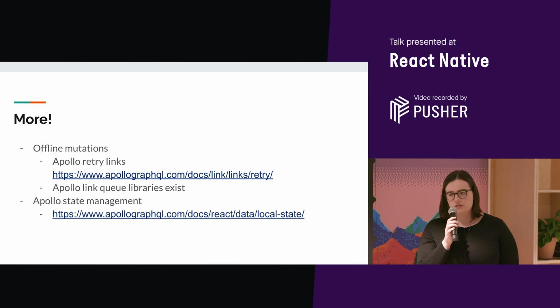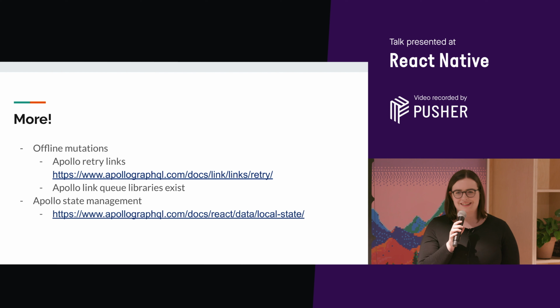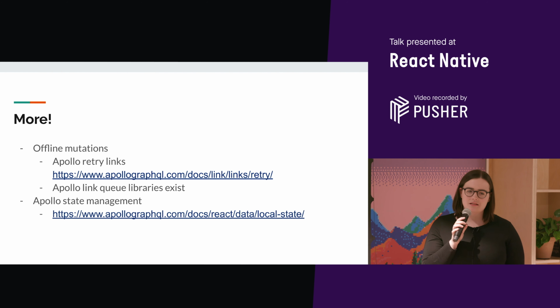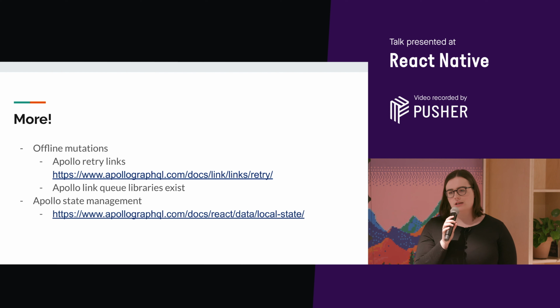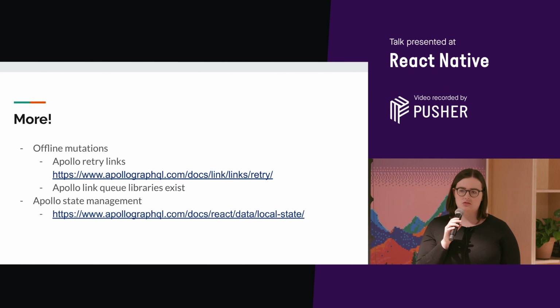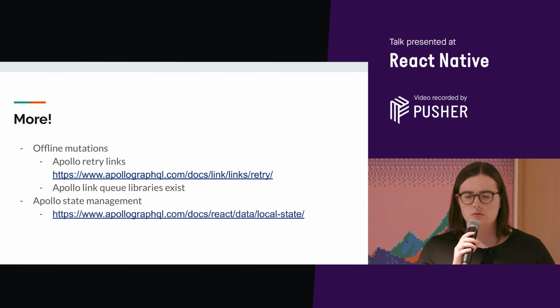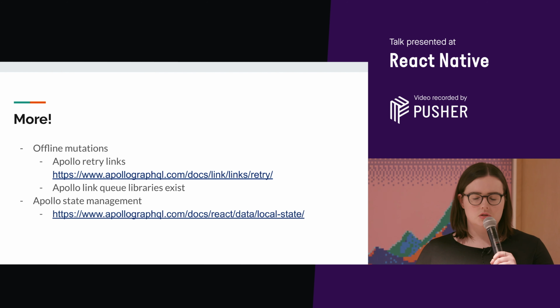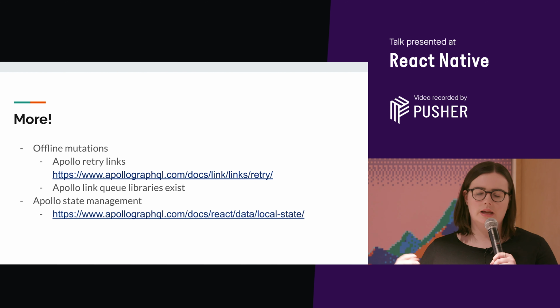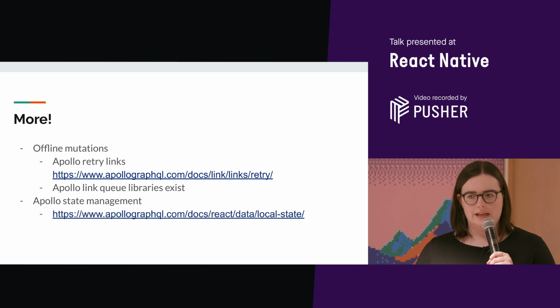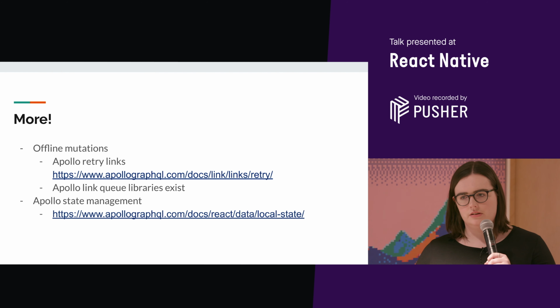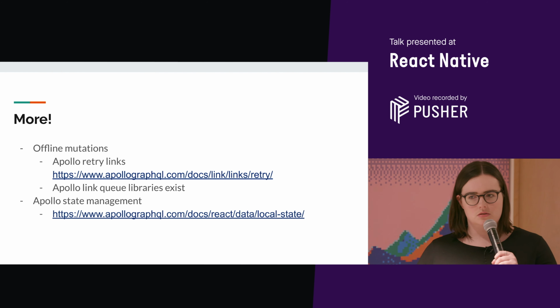If it's something that's less critical, like a profile page, you can use cache first and it will check if it's cached. You do it on a query by query basis, on the front end when you're making the query. Even on different pages, if you're making the same query, you can have it be cache only on one page and network only on another page. It's completely flexible based on your use case.